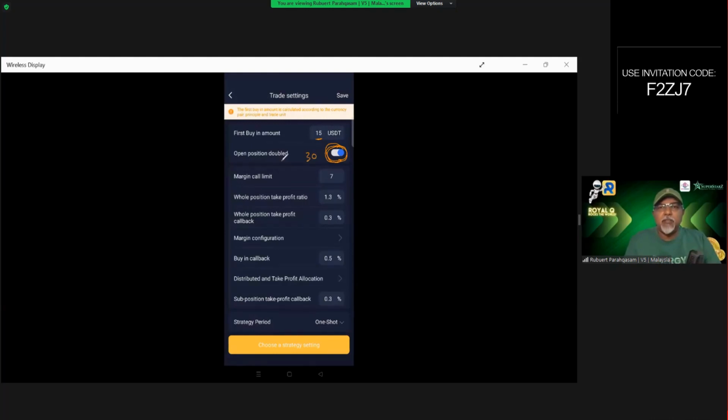My first buy, buy zero, will be 30. If this is off, you can see it's now gray, then my first buy will be this amount, 15.